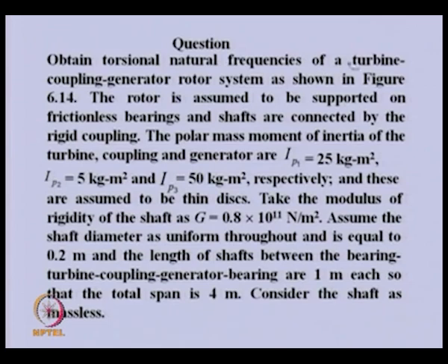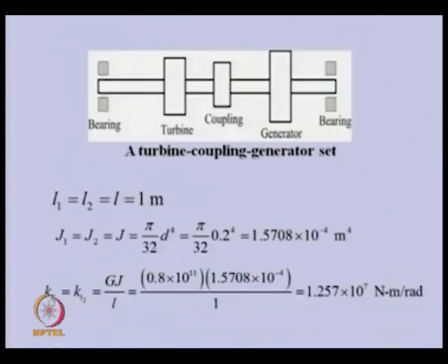Now, through one simple example, we will try to see how this 3 disc rotor system can be analyzed. We are interested in the torsional natural frequency of a turbine, coupling, generator rotor system. This is shown here: this is a turbine, this is a coupling, and this is a generator.